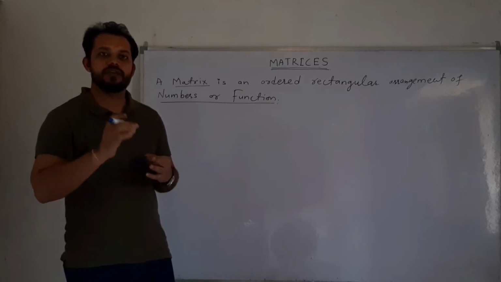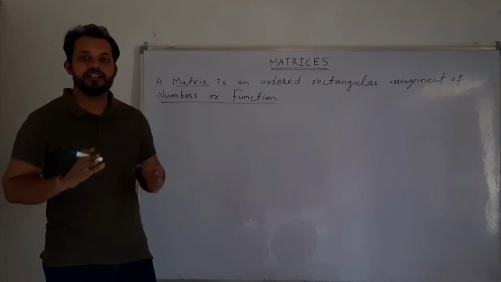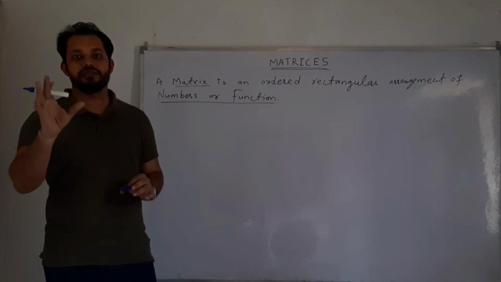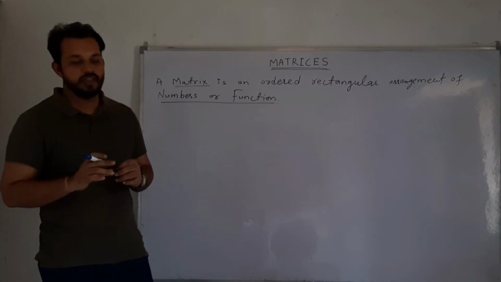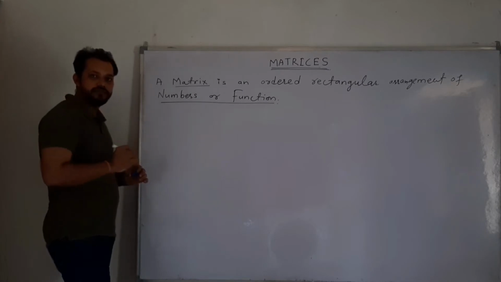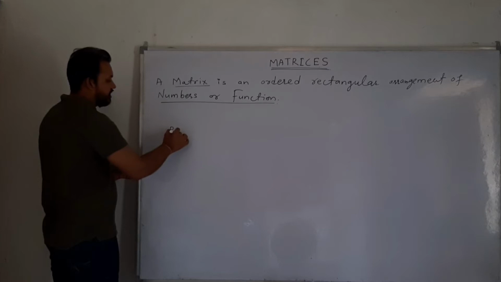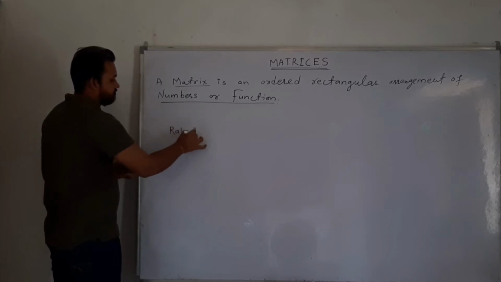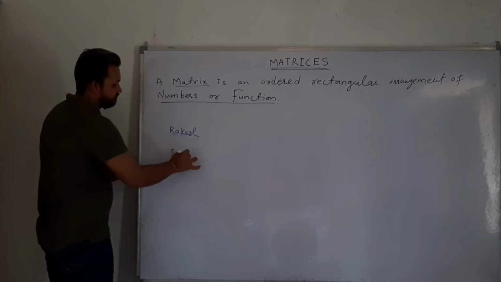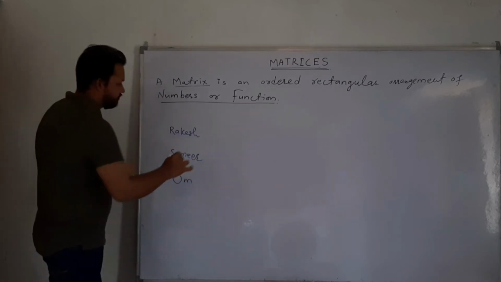To understand this concept, let us consider there is a 20 marks test organized in your classroom for 3 subjects, and there are 3 students in your class. Suppose the names of the students are Rakesh, Samir, and the third student is Om.